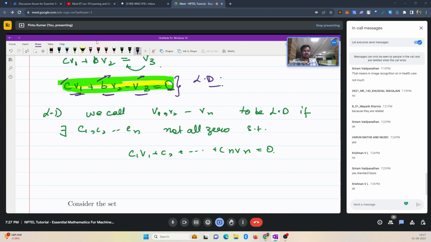Same idea we carry forward over here. If you are able to find such c1, c2, ..., cn such that not all of them are 0, and we are able to write them in this form, then this is called a linearly dependent set.